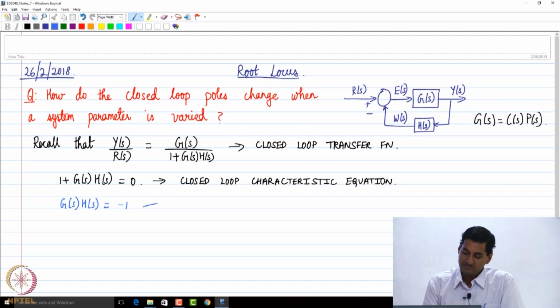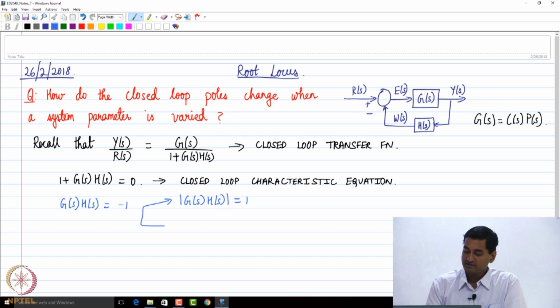This immediately gives me two conditions, okay, that the magnitude of G(s)H(s) should be equal to 1 and the phase of G(s)H(s) should be an odd multiple of 180 degrees, right. So, those are the two conditions that we get.